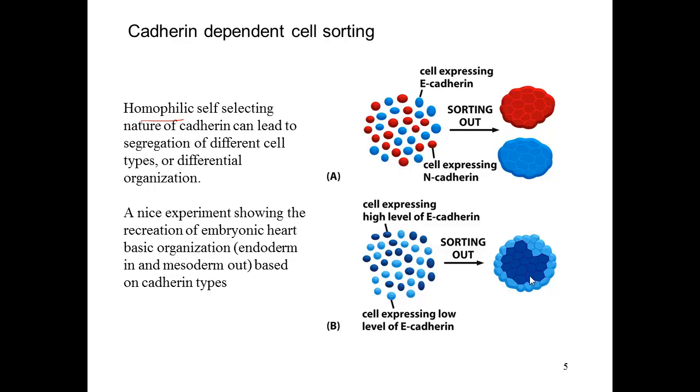They can also sort even identical cadherins based on amounts, so that molecules supposed to be on the inside of a tissue versus the outside sort out, all based on the thermodynamics of the interactions between these proteins.